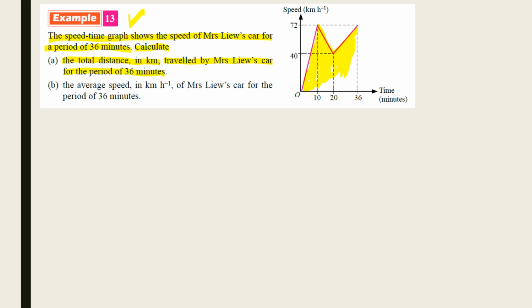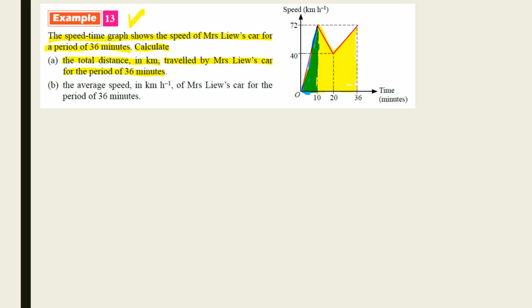And then, what shape is this, class? Never seen this shape before, like a mountain. So how to do it? Actually, you can divide the shape. First, what do you see? You will see a triangle.